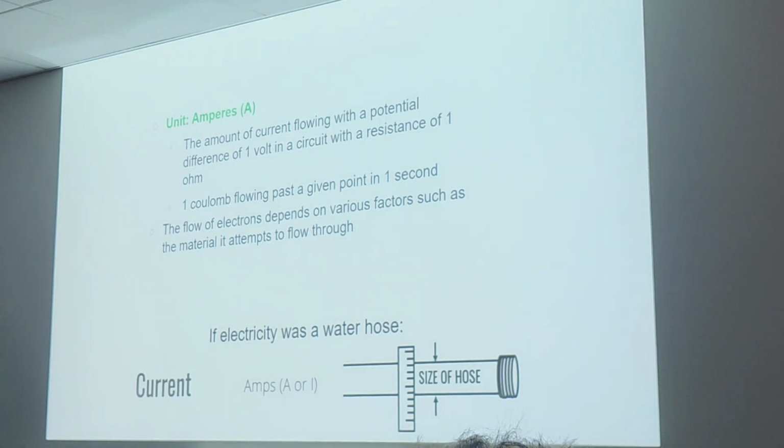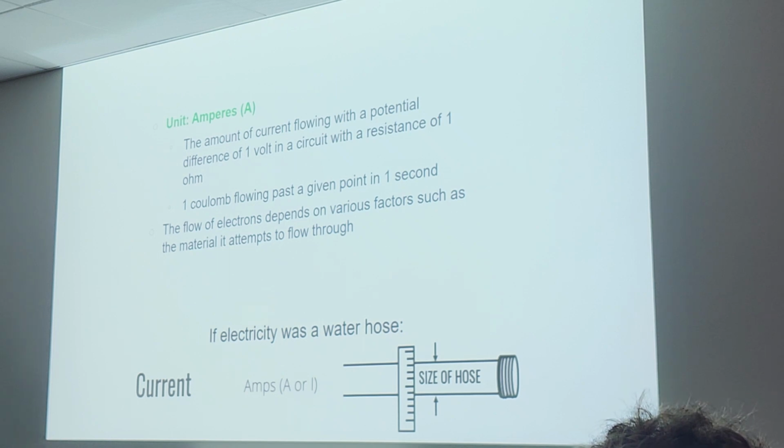Amperes: the amount of current flowing with a potential difference of 1 volt in a circuit with a resistance of 1 ohm. The flow of electrons depends on various factors, such as the material it is attempting to flow through.